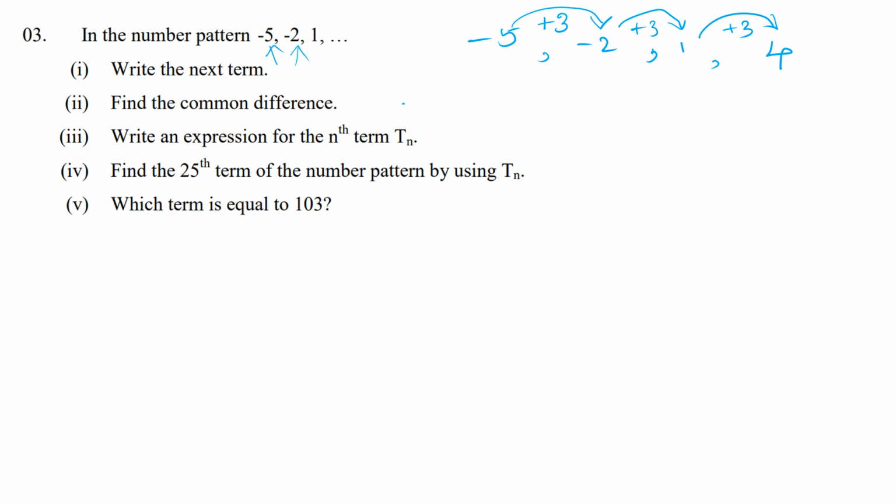So you do minus 2 minus 5. This gives the common difference. Actually this means minus 2 plus 5, which is equal to plus 3. So d is equal to plus 3. This is the answer for part 2.